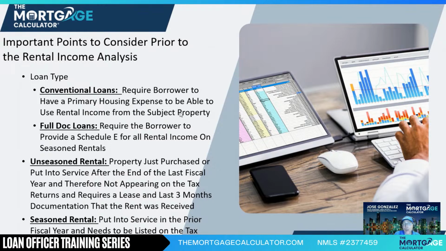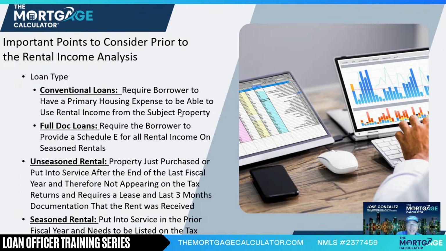Again, we're talking about the property you just put into service because it was either your primary or your mom was living in there and you have a lease, or you have something. I'm not sure about your mom living there and you have a lease, because then you would have a lease that would be on your tax return. But I mean, there has to be a real solid reason why that property was not reported on your tax return as a rental.